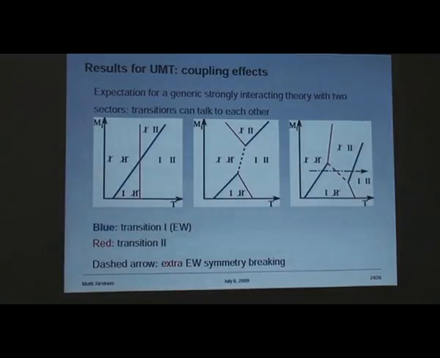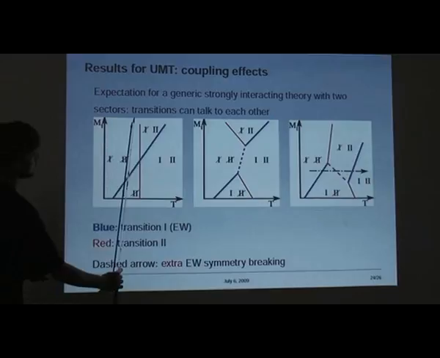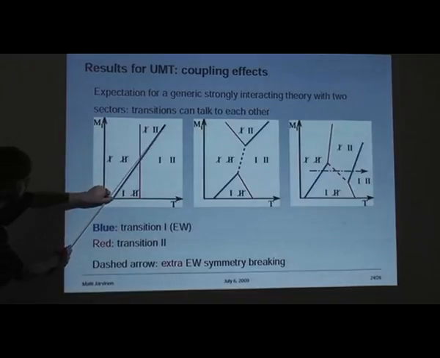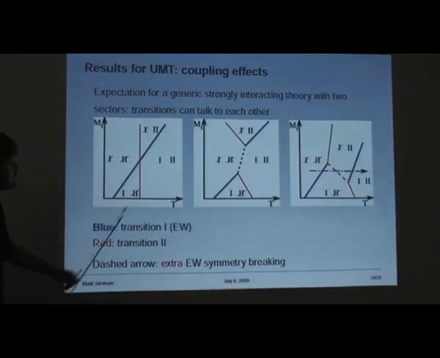So you can come up with some phase diagrams as a function of temperature and some parameters of the theory, for example, the Higgs mass. You see the line for transition 1 is the blue line, and transition 2 is the red line, and you expect to have a point where the critical temperatures of the two transitions are equal.